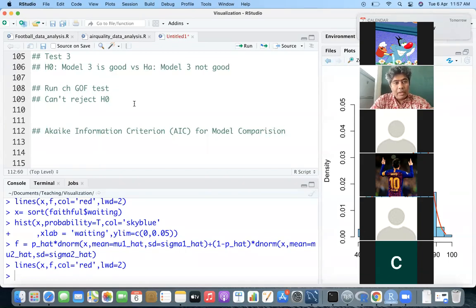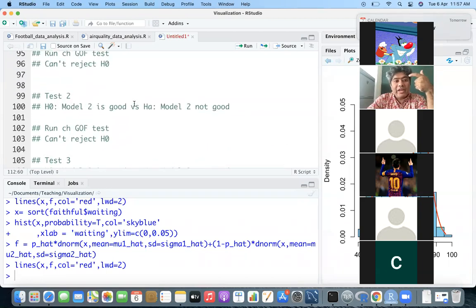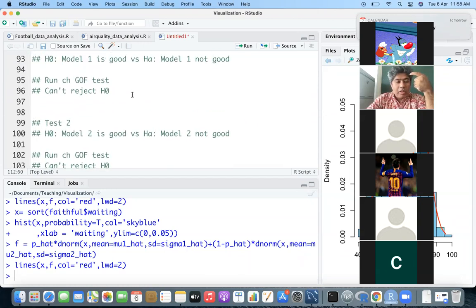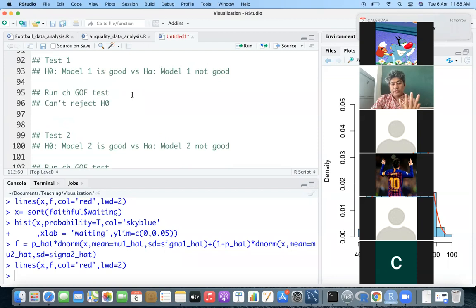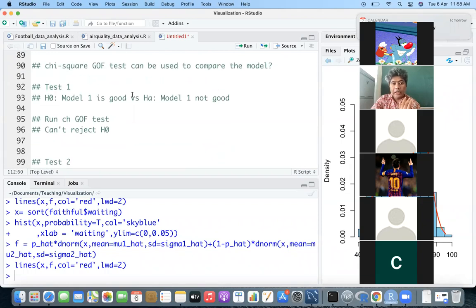A Japanese statistician and probabilist came up with this information criterion from an information theory point of view. When I have data, that data contains certain information, and I'm trying to capture or model that information through my model.